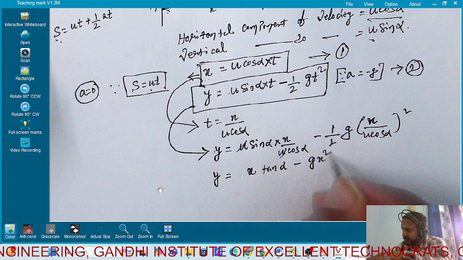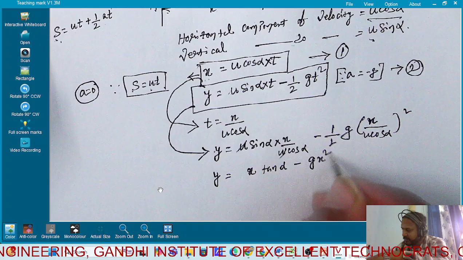So now what is this equation? This equation is known as the equation of trajectory. That particular trajectory is having parabolic motion, or not? For that parabolic motion, this is the equation of trajectory.